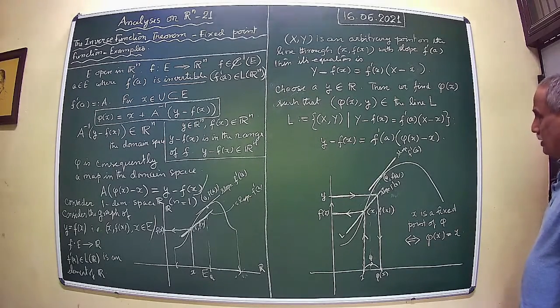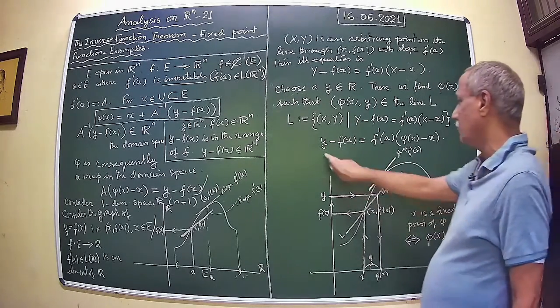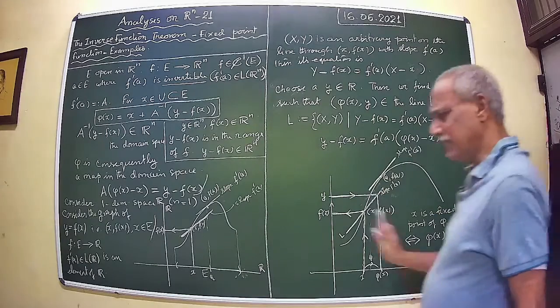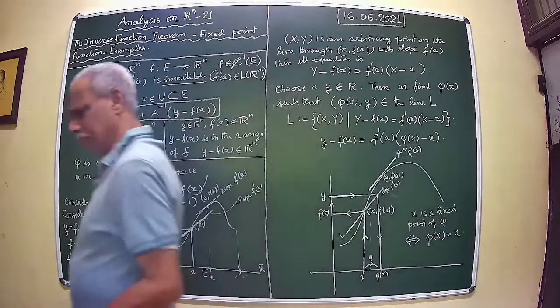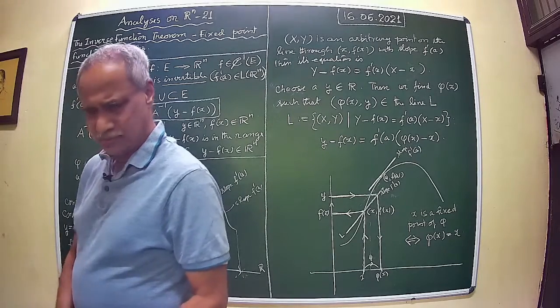Okay. So we are actually searching for the fixed point of this map phi, and that happens when y is equal to f x. That is the observation that we make, and this we make use of in our analysis.